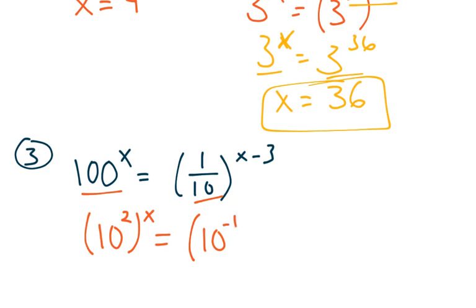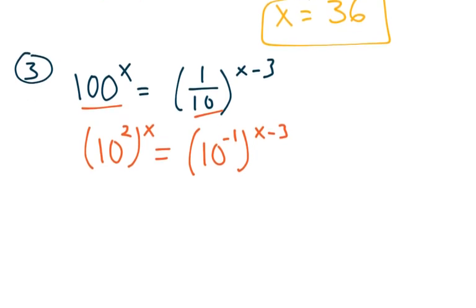So this will be 10 to the -1st to the x minus 3 power. We're rewriting 1/10 using the same base as the other one. Now we'll have 2 times x here, so we'll have 10 to the 2x is equal to 10 to the, and we'll have to distribute the -1, so negative x plus 3.